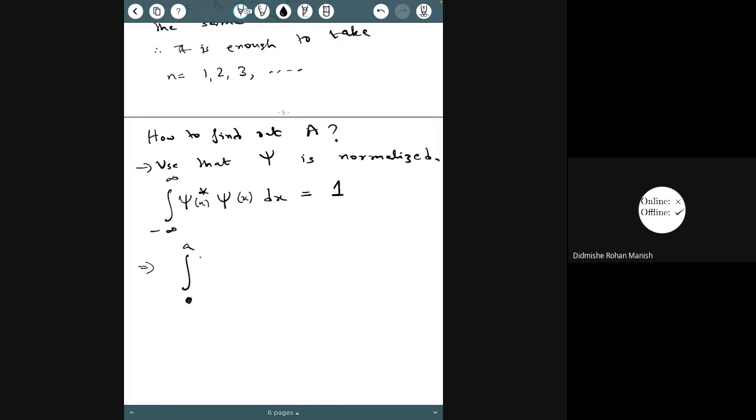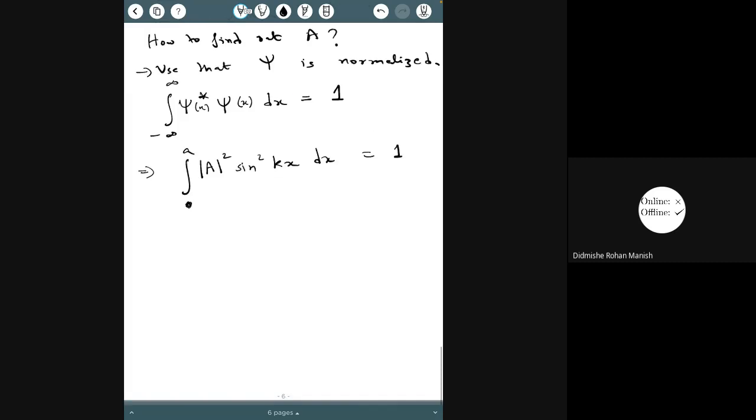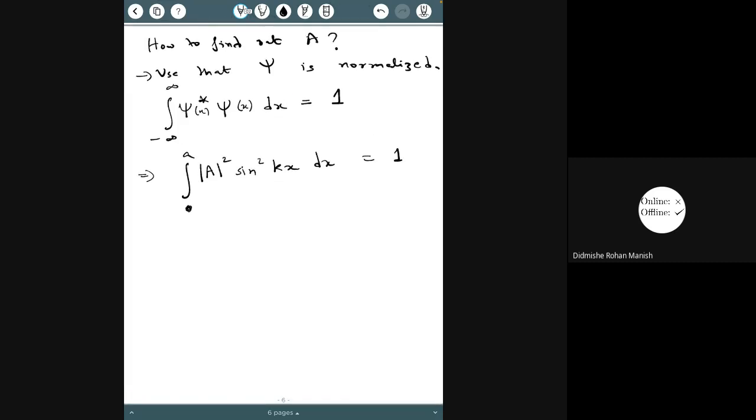And psi star is simply mod A square. So remember, we have not said if A is real or A is complex. So it can be anything. So I have to write mod A square and then sine square kx dx is equal to 1. And you can solve this in between yourself. It's not so difficult.